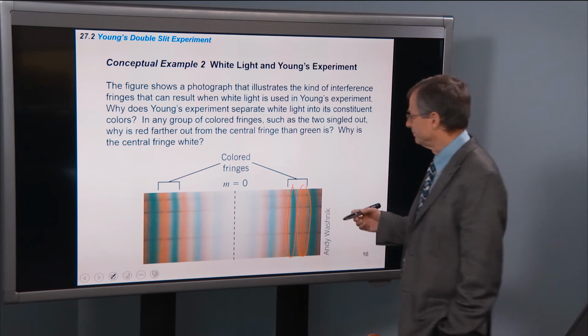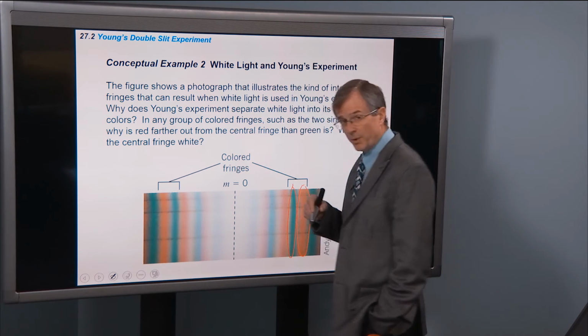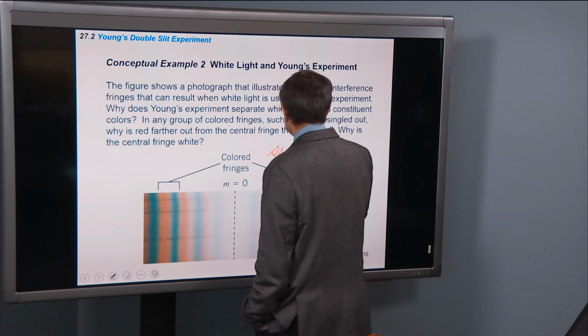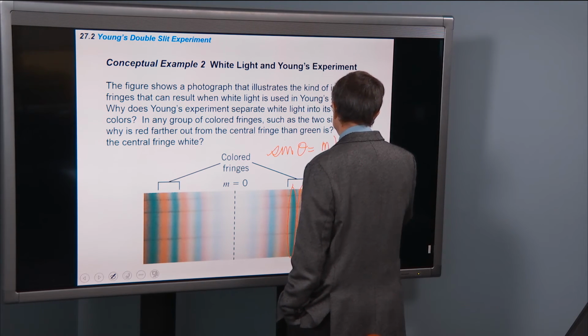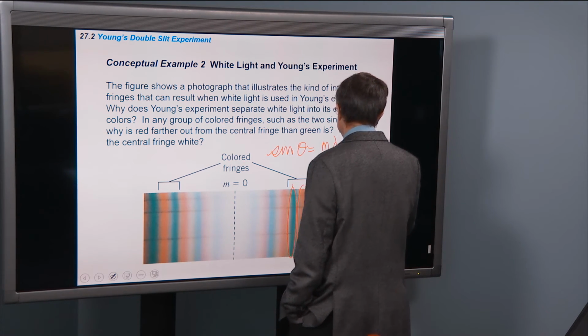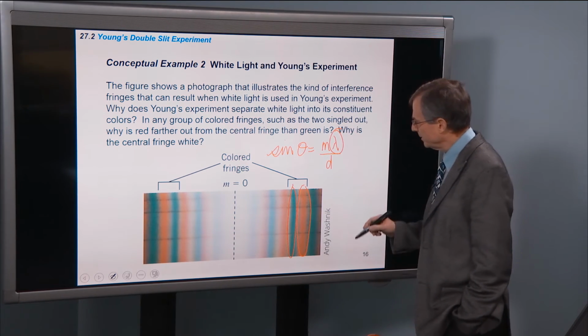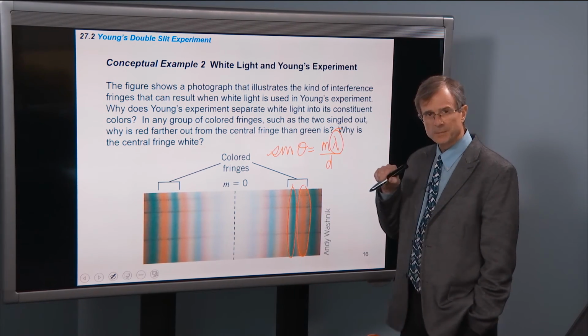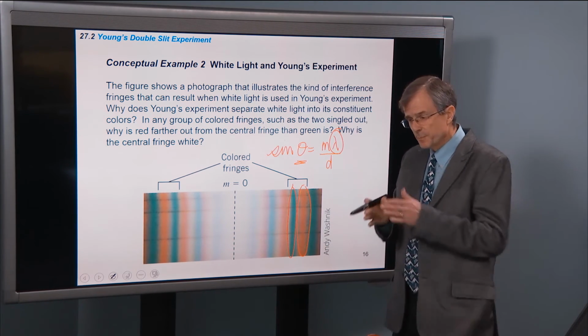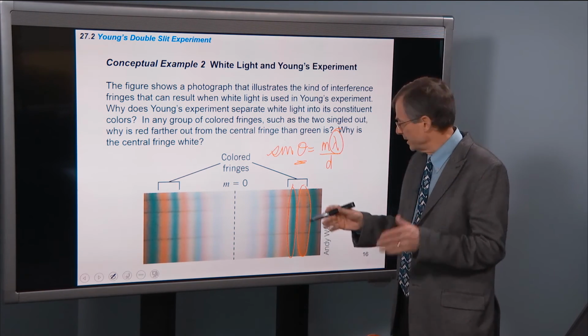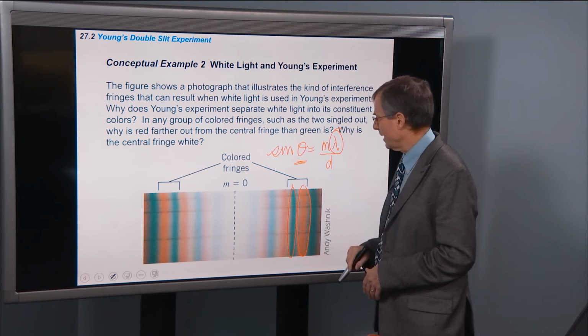Why is that? Well, we're talking about bright fringes now. If the wavelength increases, like we talked about before, then the angle will also increase, the position of that bright fringe. It'll be further away.